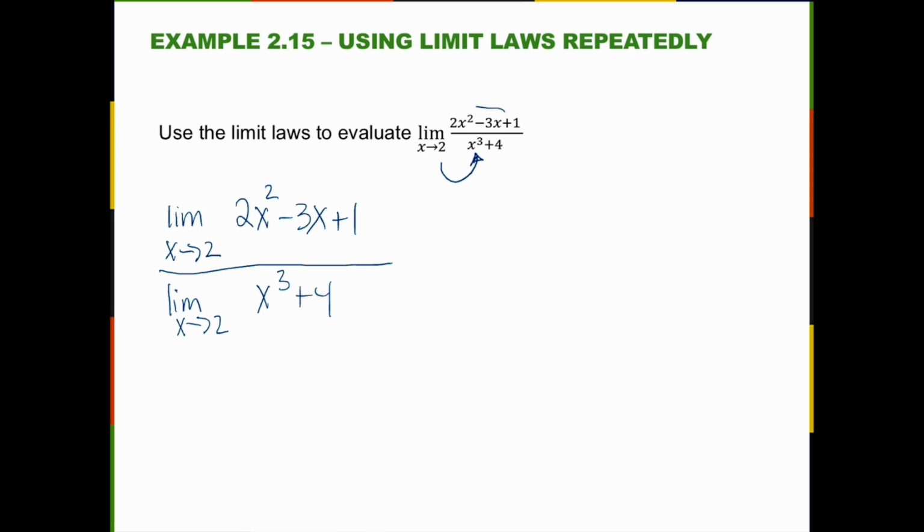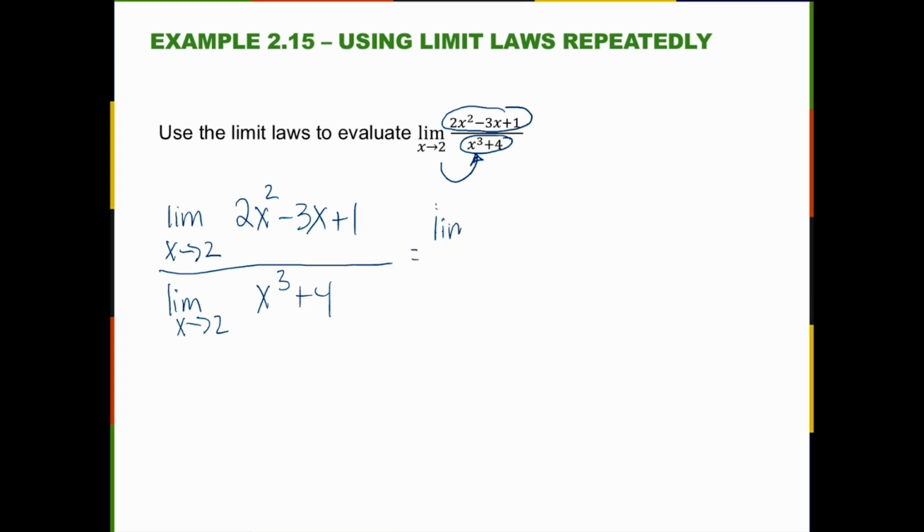Here I just use the quotient rule because I know that if I plug in 2 in the numerator and the denominator separately, I'm not going to run into any issues. So I can use the quotient rule and just take the limits separately and then divide.